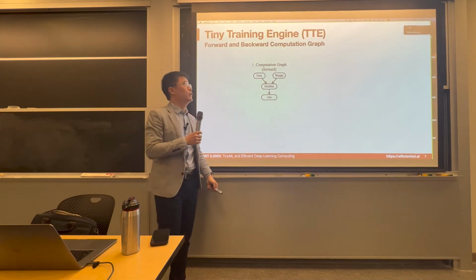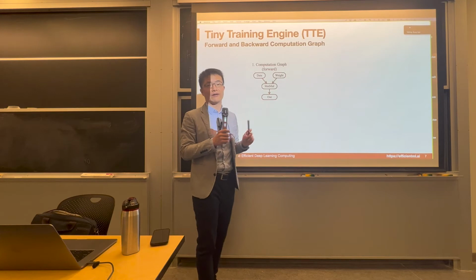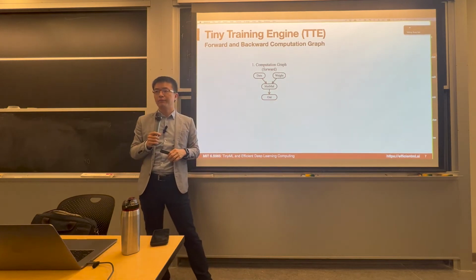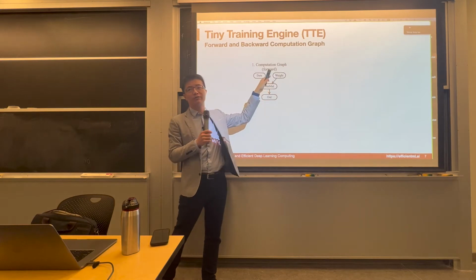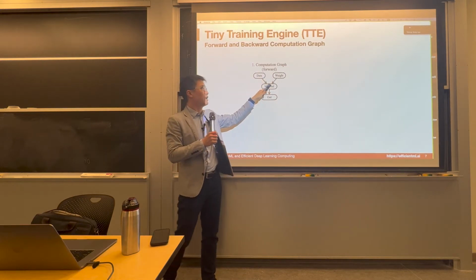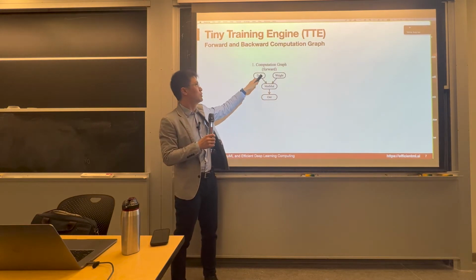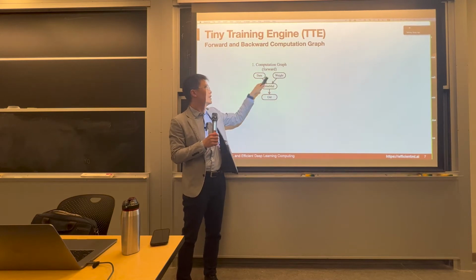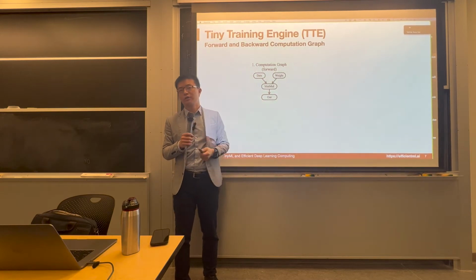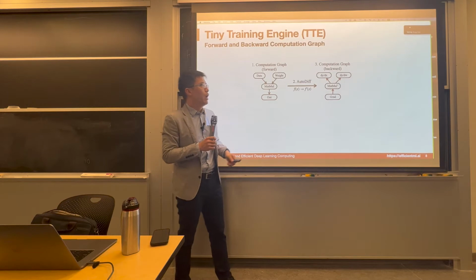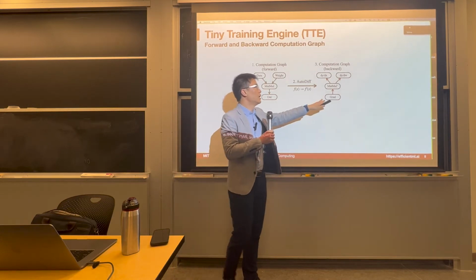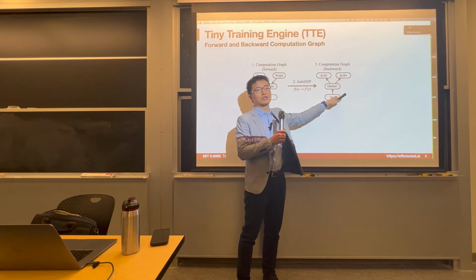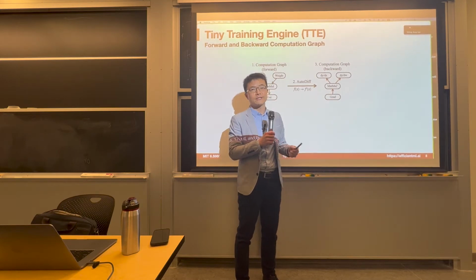So let's review the training graph, right? In backpropagation, we have to first obtain this forward graph, okay? In this example, we have a matmul layer, we have data, we have weight, and then we have one output. So how do we do the backward? Here we obtain this gradient, okay?